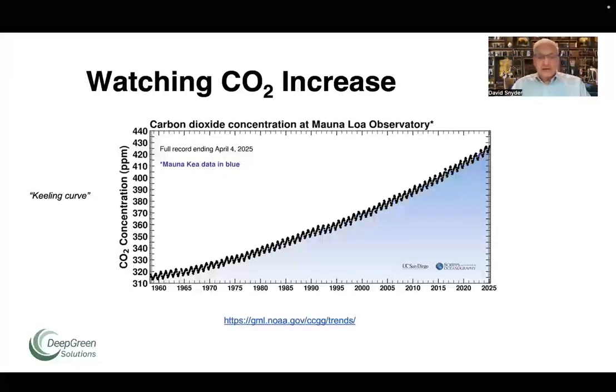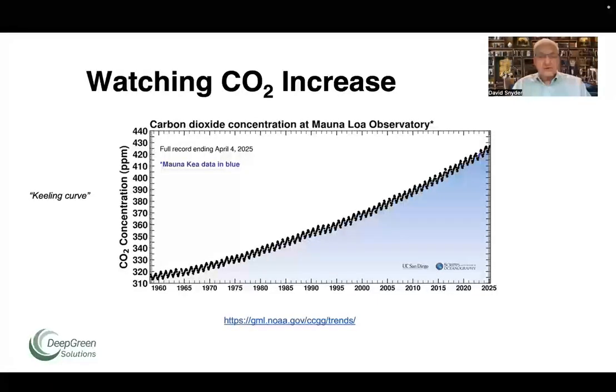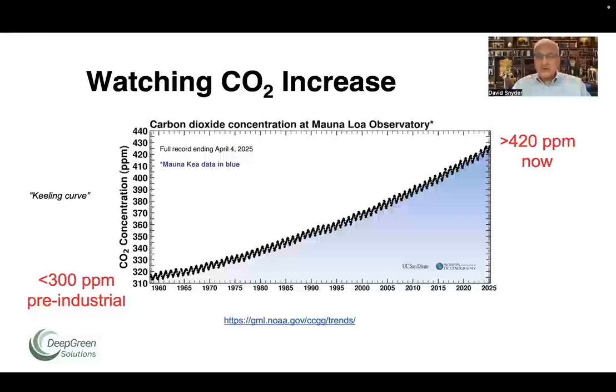Here is the Keeling curve, which shows the level of carbon dioxide in the atmosphere as it is monitored in Hawaii at the observatory at the top of the Mauna Loa volcano since 1958. We know that in pre-industrial times, carbon dioxide stayed pretty much below 300 parts per million in the atmosphere, but today it's over 420 parts per million.